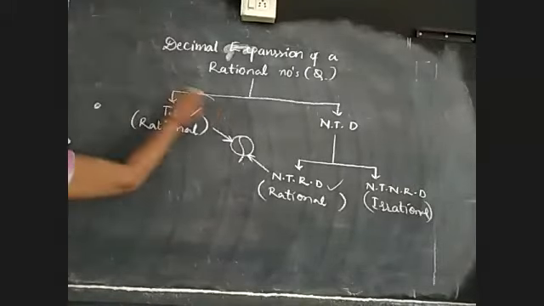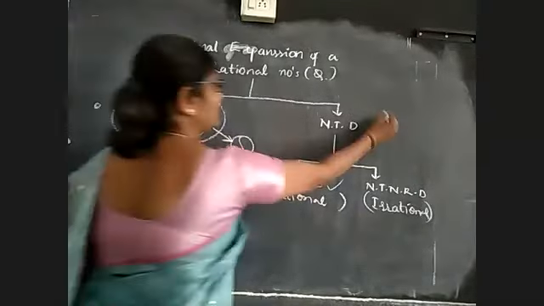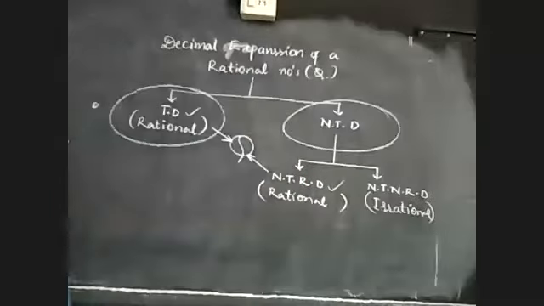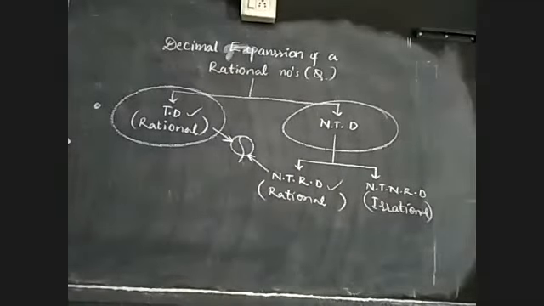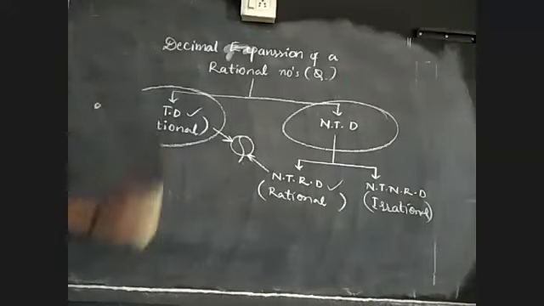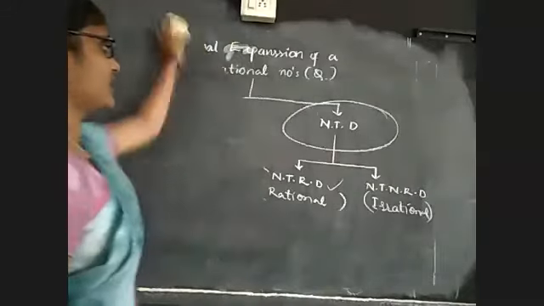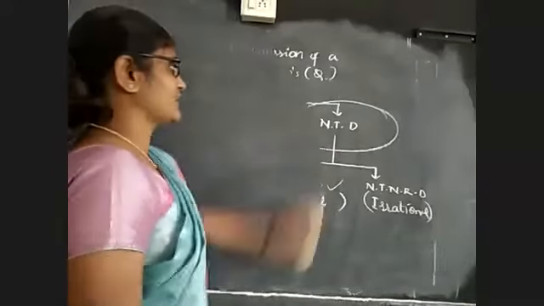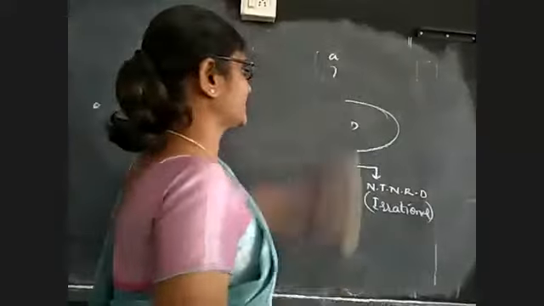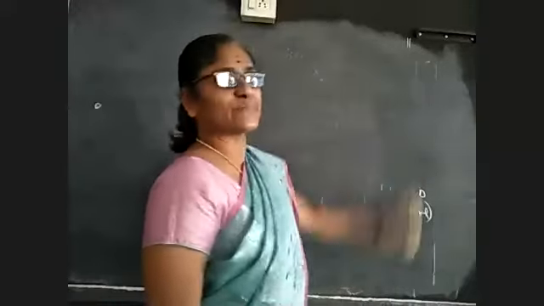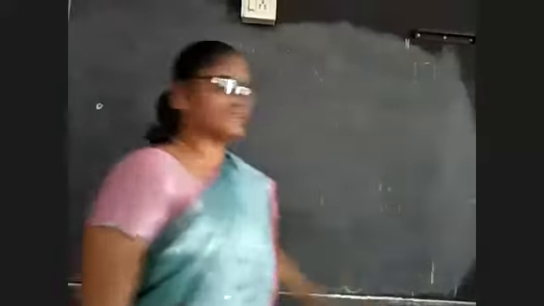Yesterday we discussed terminating and non-terminating decimal expansions based on the two theorems, right? Let me revise the two theorems today, on how we decide whether the decimal expansion of a given rational number is terminating or non-terminating.